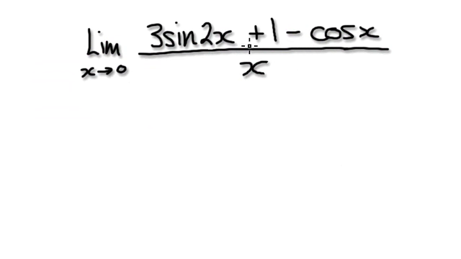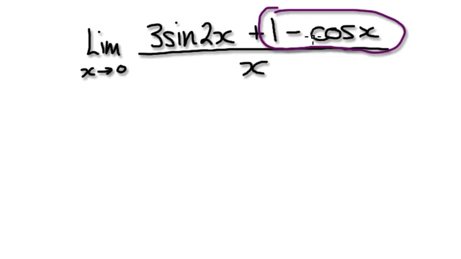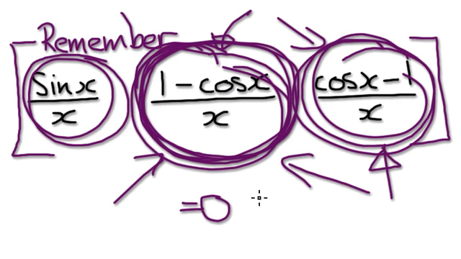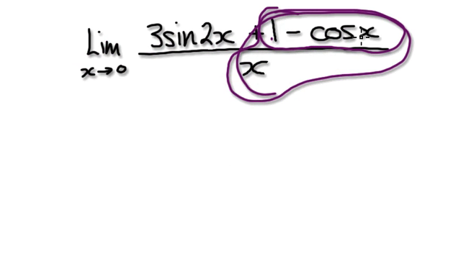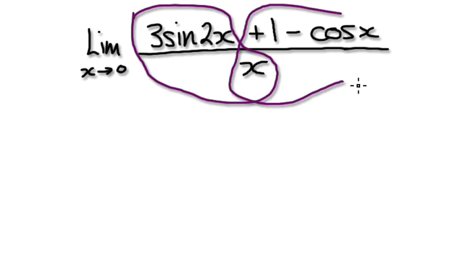Okay. So anyway, back to this. If you look at this, you see 1 minus cos of x here. You should be able to spot that this is, in a way, like this middle one: 1 minus cos of x over x. So break this fraction up into one fraction and another fraction.